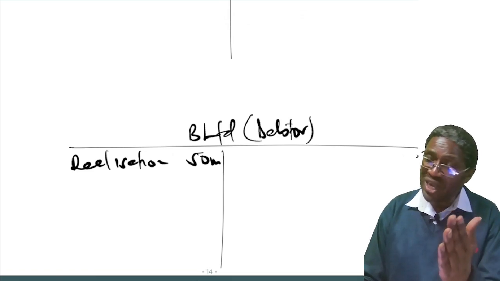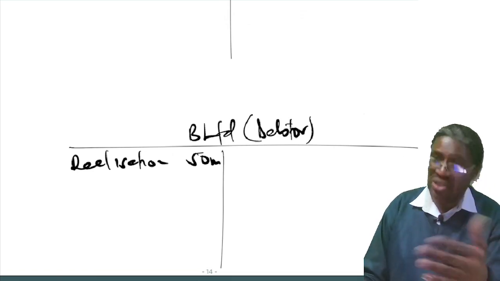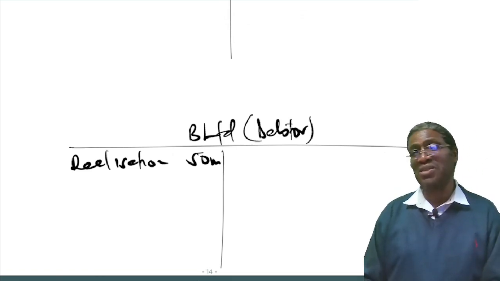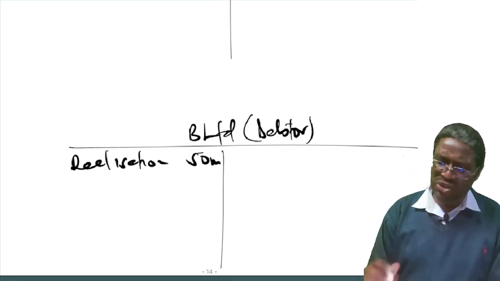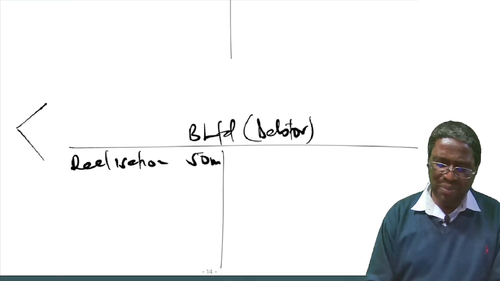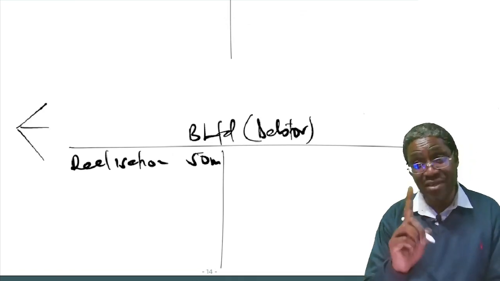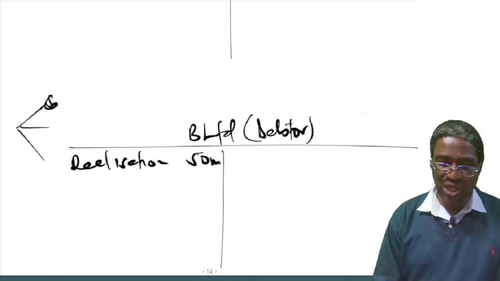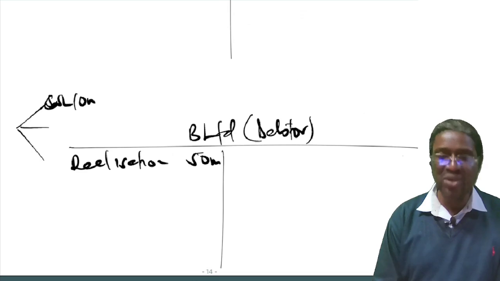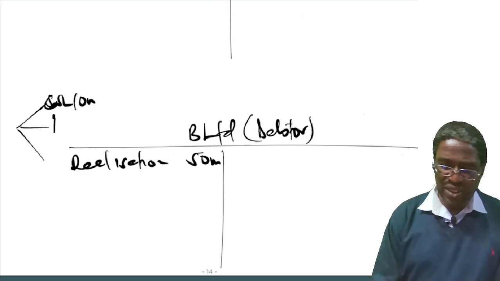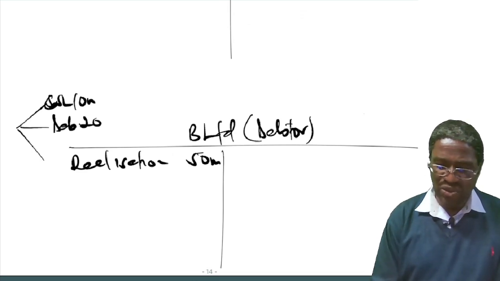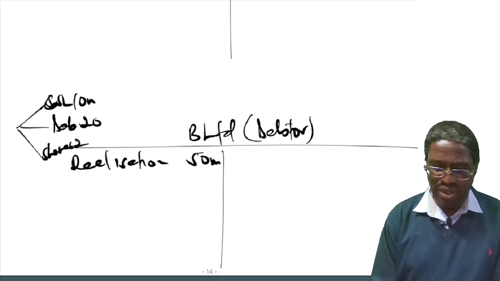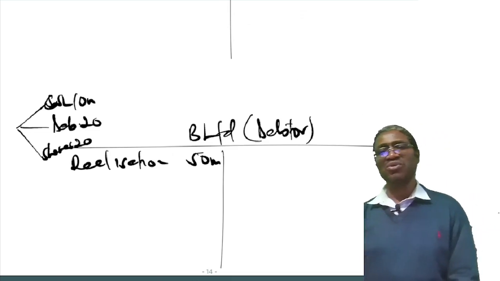Or they may pay part in cash, part in shares, and part in debentures. Let me assume for now that company B decided to pay this 50 million, part of it in cash, 10 million, part of it in debentures worth 20 million, and the balance of another 20 million in shares.